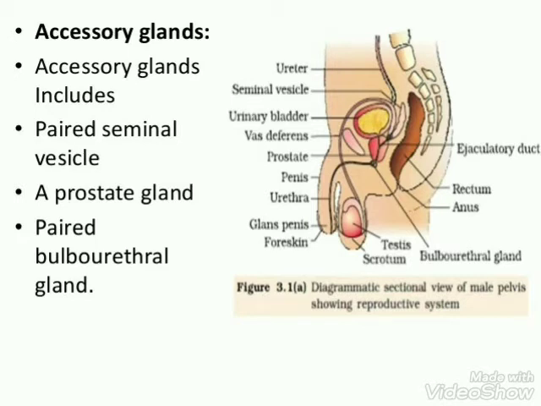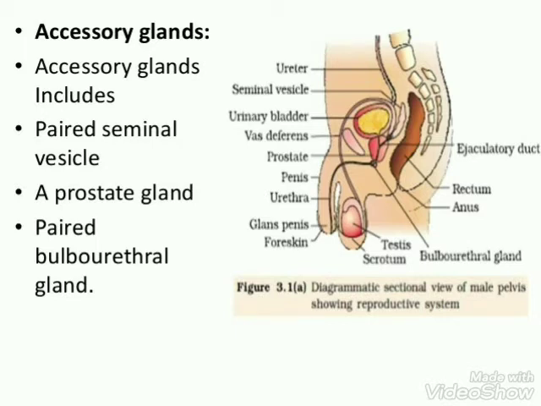This secretion contains citric acid, lipids, and enzymes. The secretion of the prostate gland nourishes and activates the spermatozoa to swim. Seminal vesicles secrete mucus and a watery alkaline fluid that contains fructose, which provides energy to the sperm.